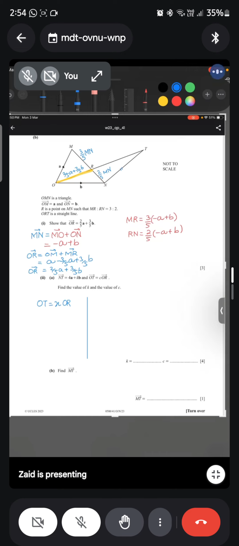And the next one is NT. NT is 4A plus KB. So I have to find the value of NT. NT is NR plus RT. Okay.